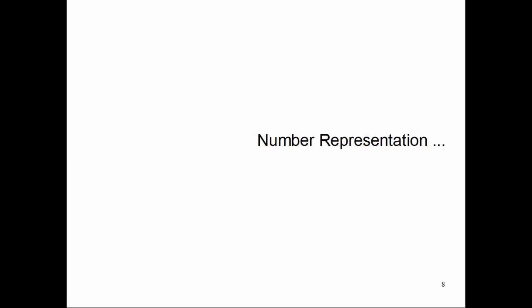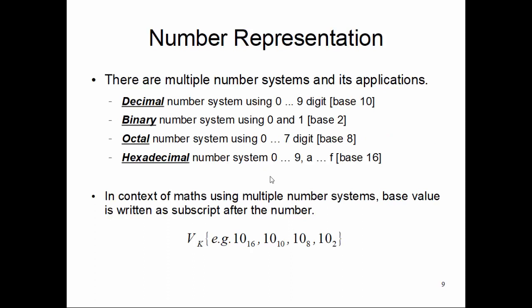What we know, and relevant to our study, is that there are multiple number systems, and arbitrary number systems can also be implemented. But there are standards like the decimal number system, which we all understand. But there are more interesting number systems with respect to the electronic computation world, like binary.